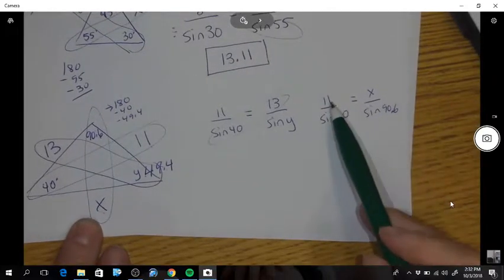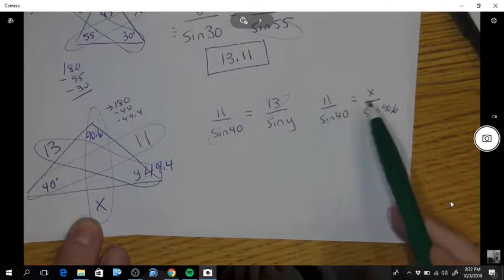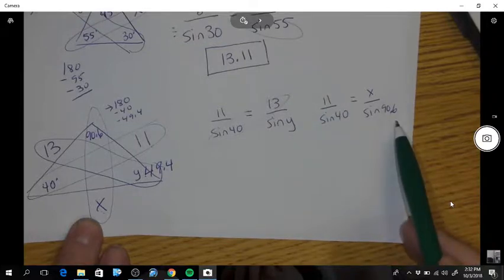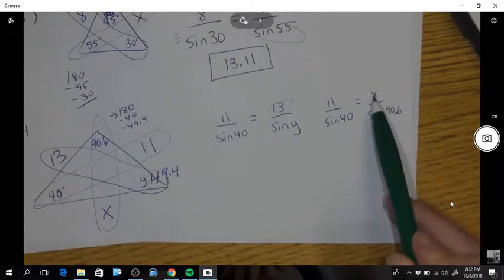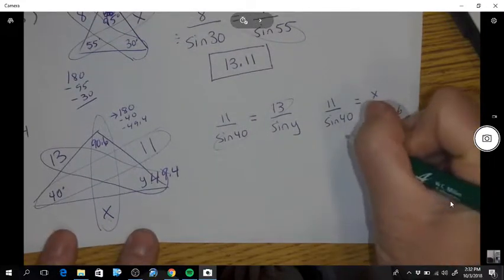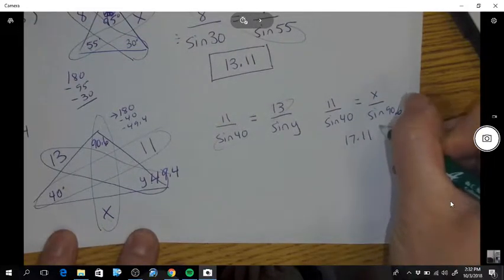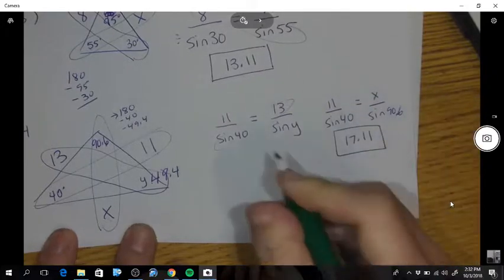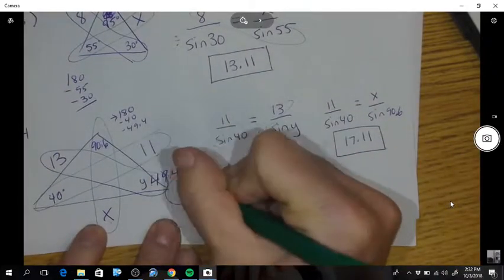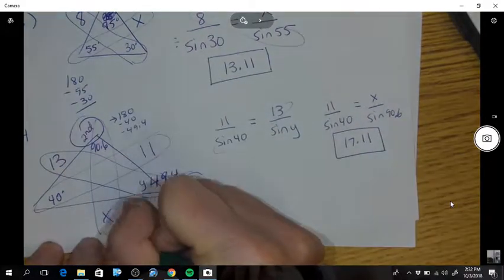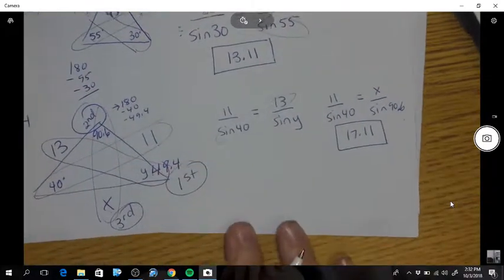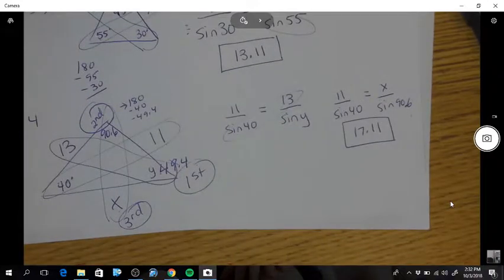Okay, calculator steps. 11 times sine 90.6 divided by sine 40 and equals, and you should get 17.11. Okay, so you found this first, you found this angle second, and then you had to find that side third.